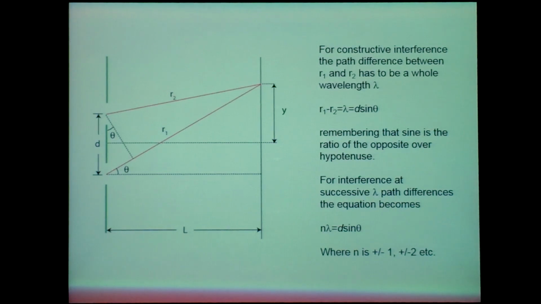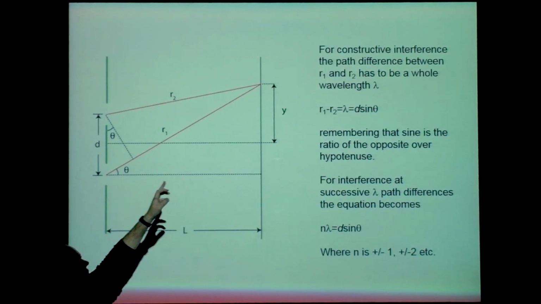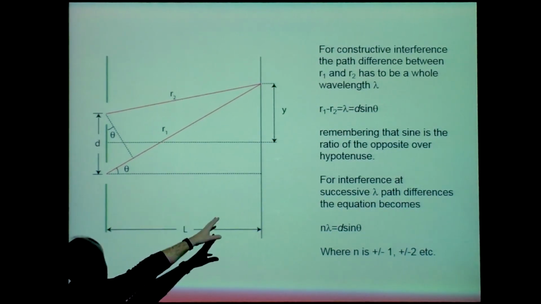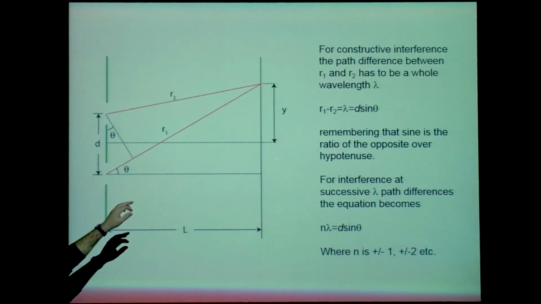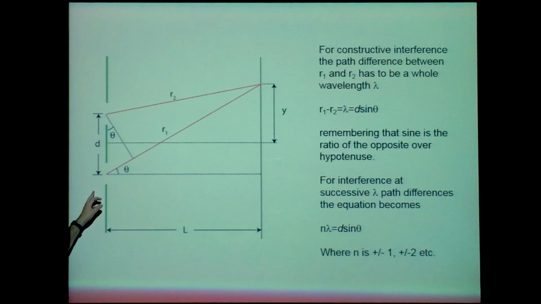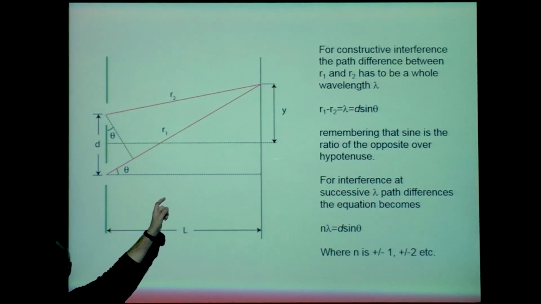Now what we can do is calculate geometrically what the distance is from this point to any arbitrary point on a detector, and from this point to any arbitrary point on a detector. And if the difference in those two distances is a whole wavelength, then we would see constructive interference at that point. Okay?